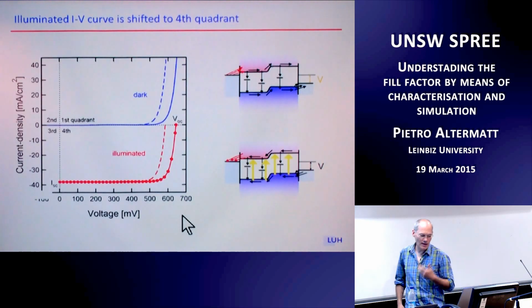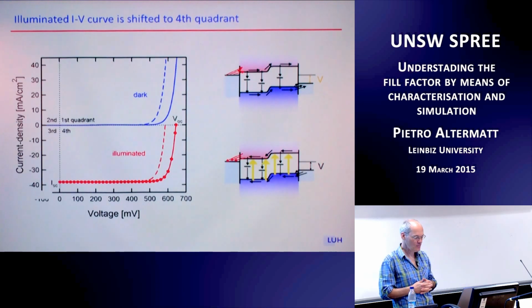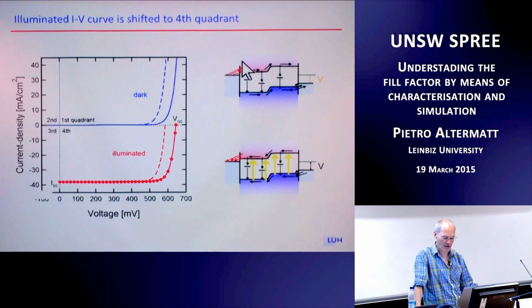Well, under illumination, things become a bit more difficult, and this is what I'd like to address here. It's quite easy to understand that instead of injecting carriers from outside, you put the carrier injection into the cell with illumination. So you get a surplus of carriers that leave the cell.